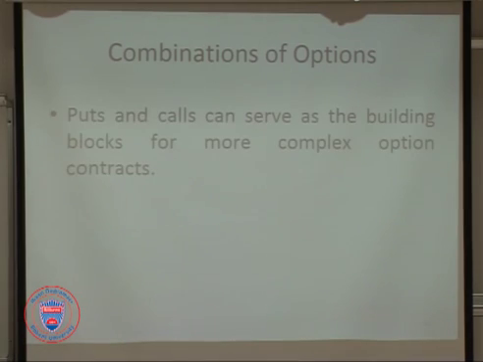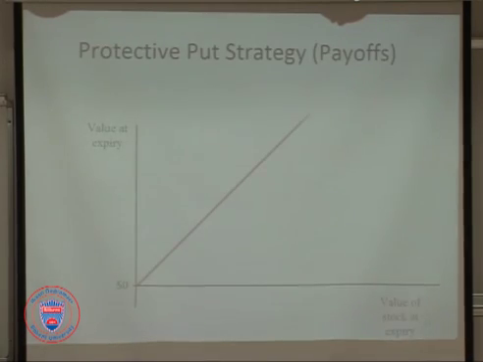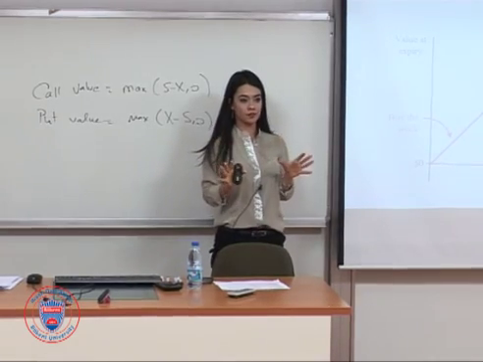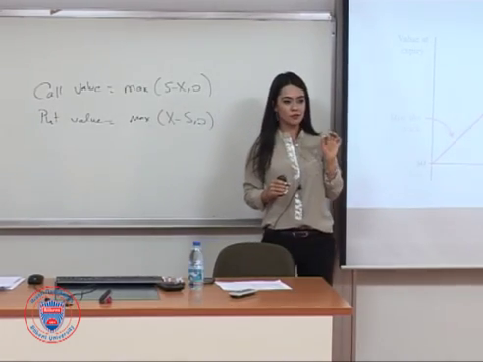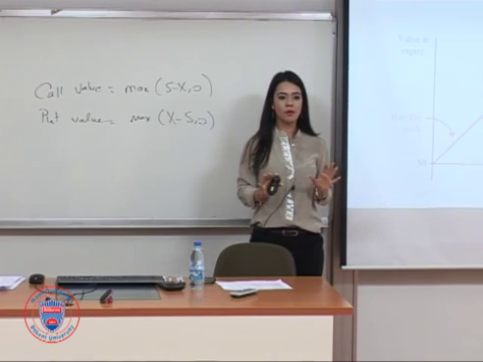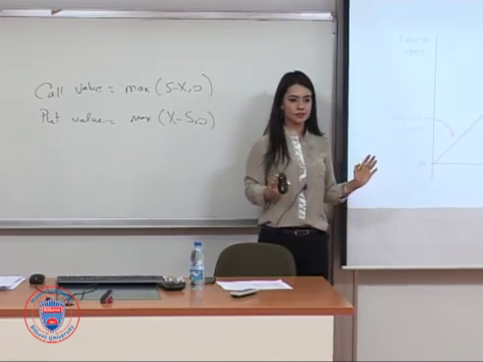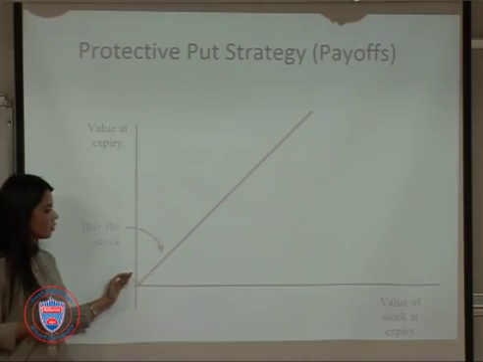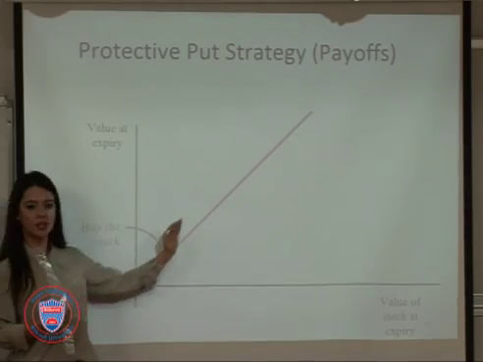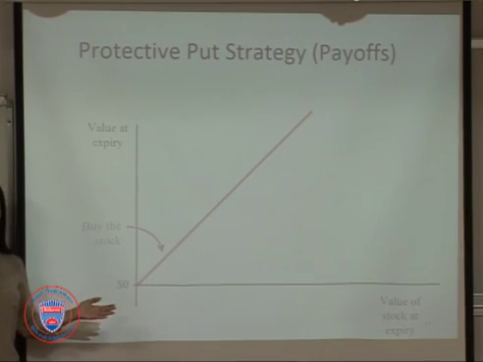Okay, so let's start with protective put. And we're gonna look at profits. In the protective put, you're trying to minimize your risk basically. So what you do is you buy a stock. When you buy a stock, your profit will increase as the stock price increases, right?